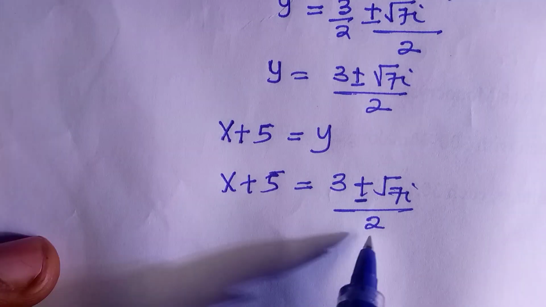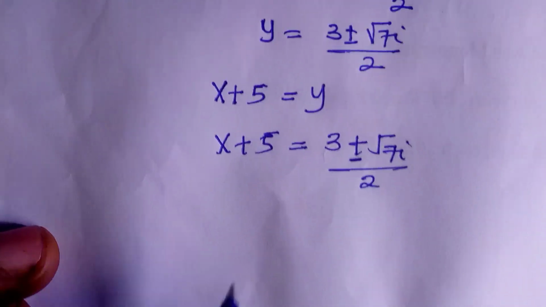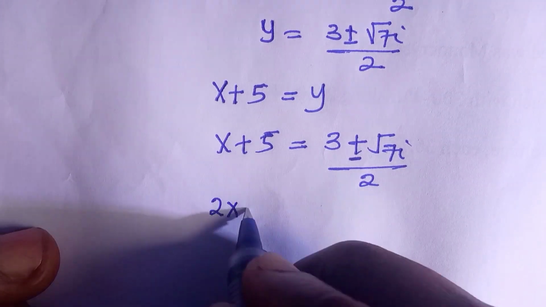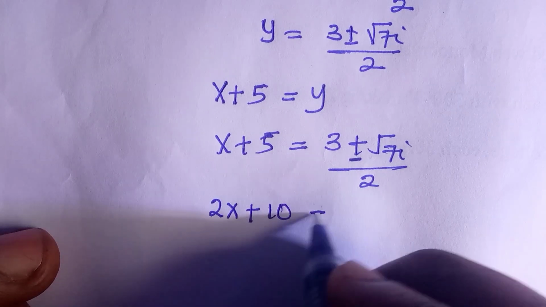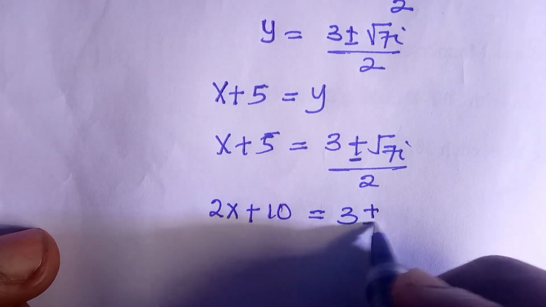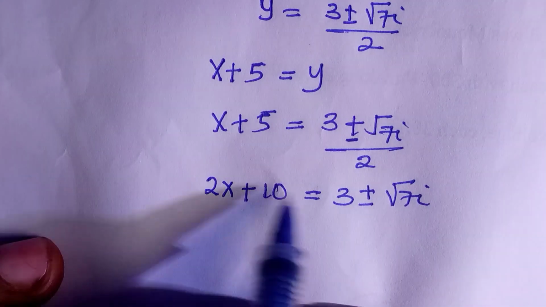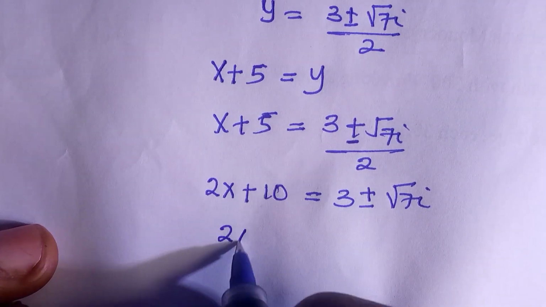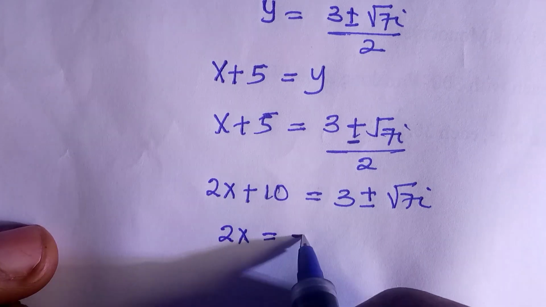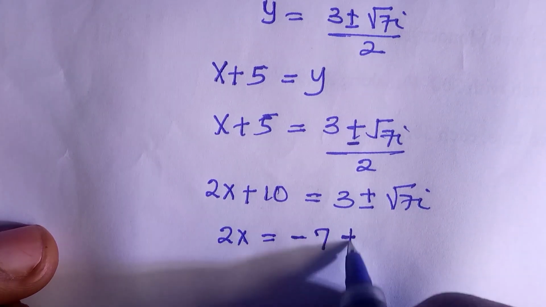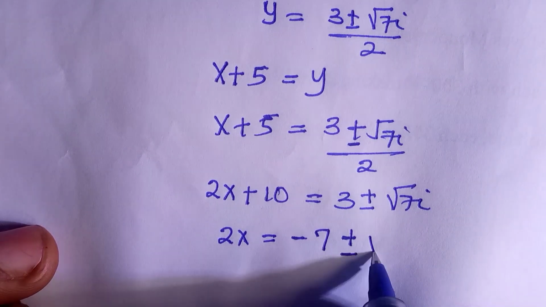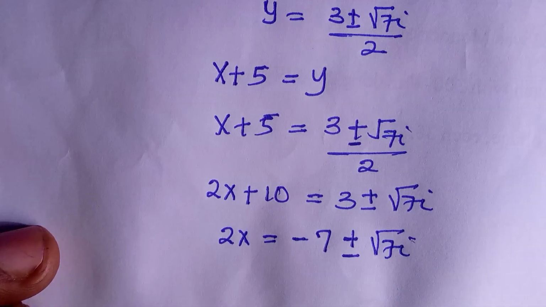But how can we get the x only? If you cross multiply, we are going to have 2x plus 10 equals to 3 plus or minus root of 7i. By taking 10 to the other side, we have 2x equals to, here becomes minus 7 plus or minus root of 7i.